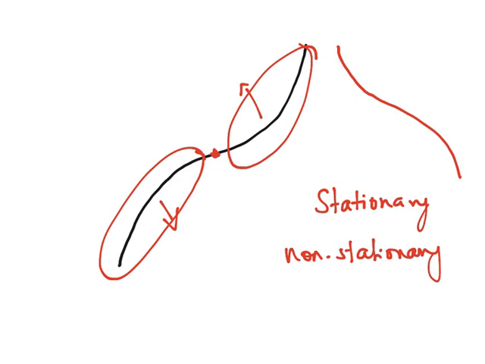If this is the point of inflection, before the point of inflection the function is decreasing, and even after the point of inflection the function is decreasing. So the function increases before and after the point of inflection, or decreases before and after the point of inflection.